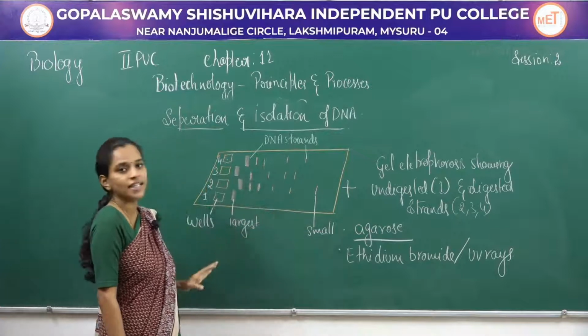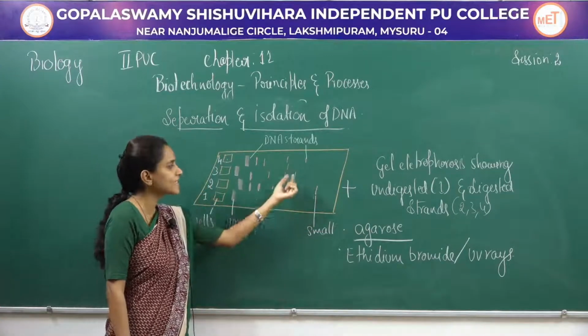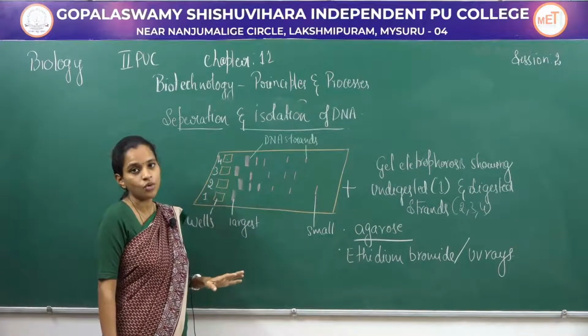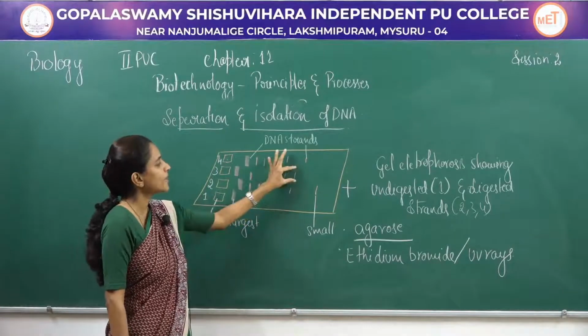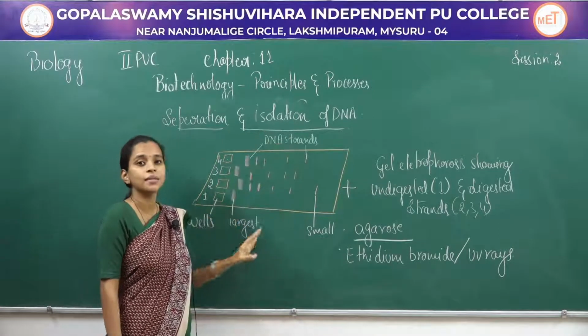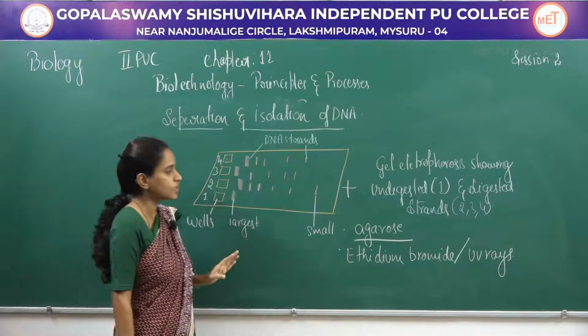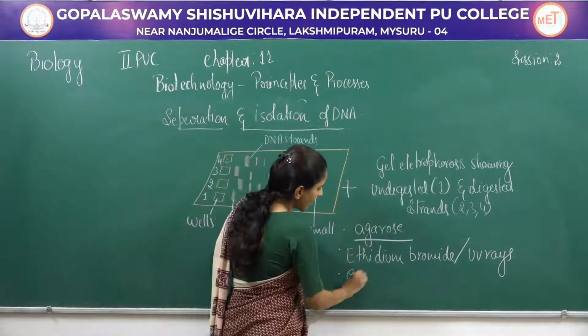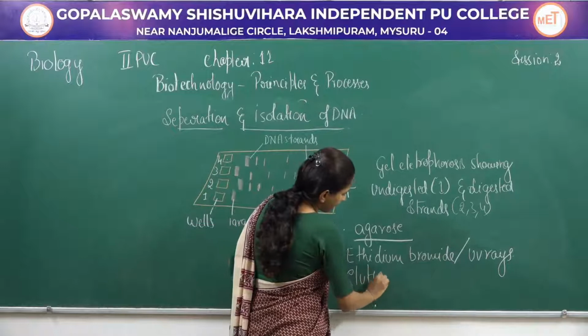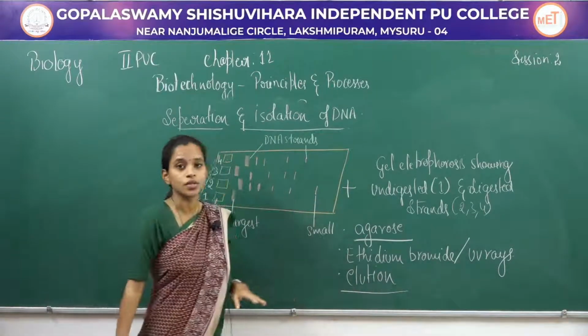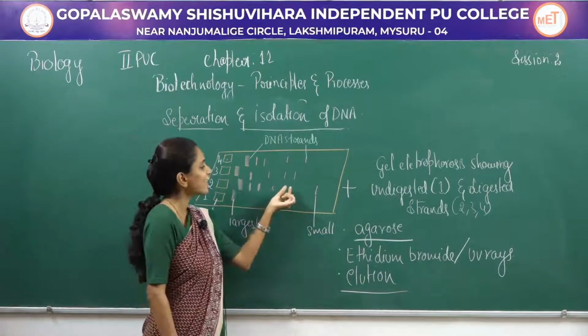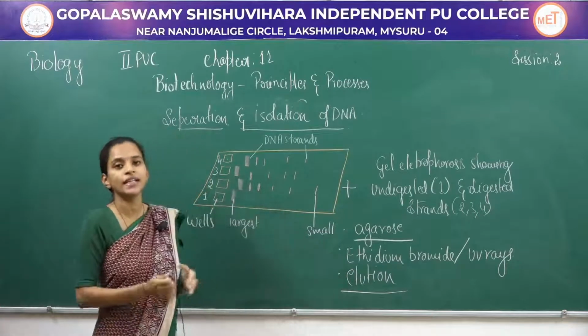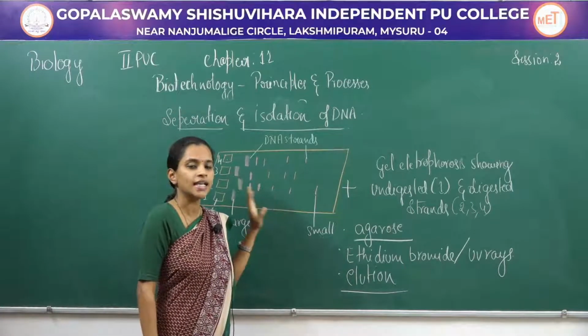Once you observe the DNA, you have to separate this DNA from the gel electrophoresis. Part by part, piece by piece, the DNA can be separated from the gel by a method called elution. Elution is a process by which you can separate the strands of DNA from the gel.